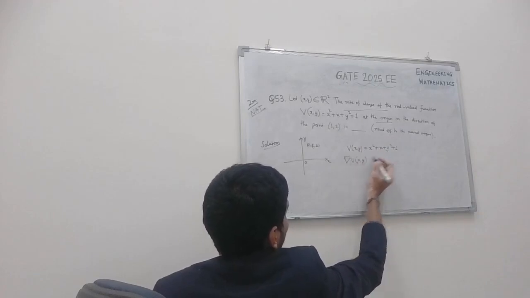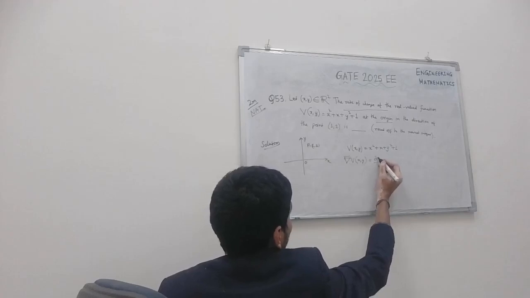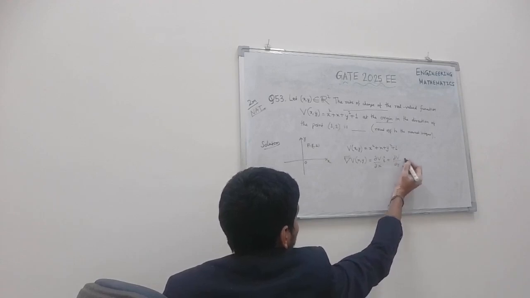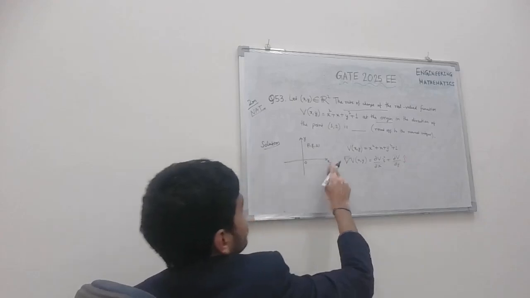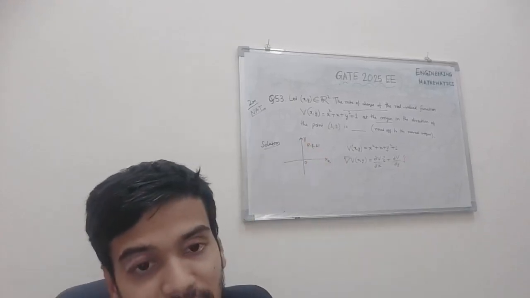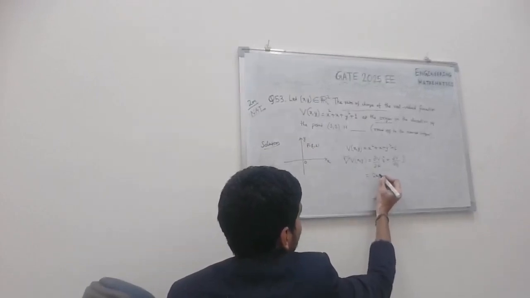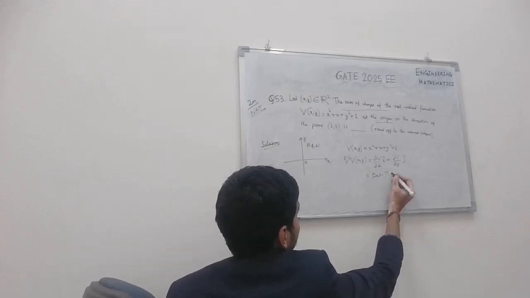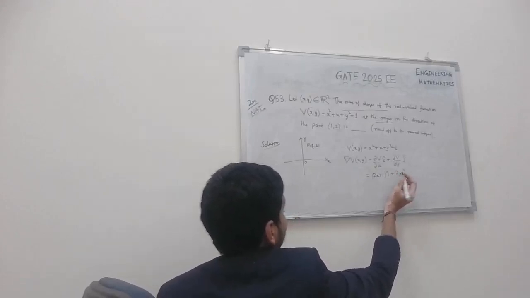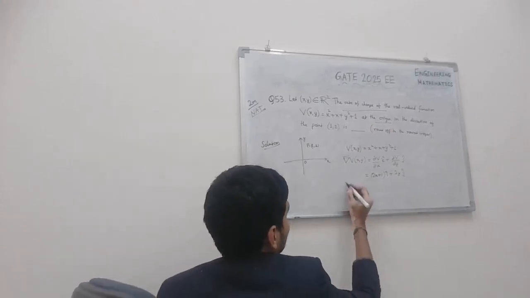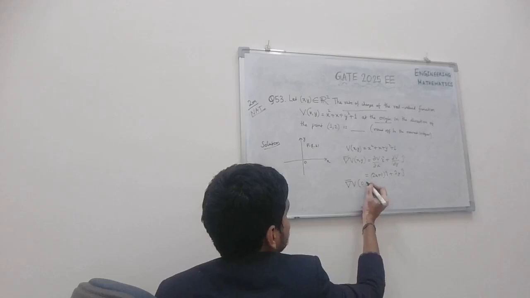The gradient is in terms of i and j, along the x and y axes. We calculate this and get 2x plus 1 i plus 2y j. Right? Set that at the origin.